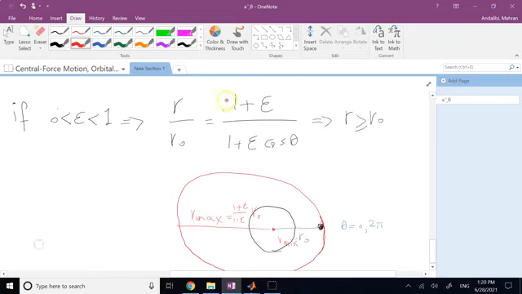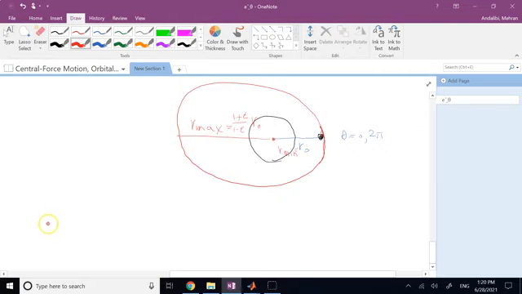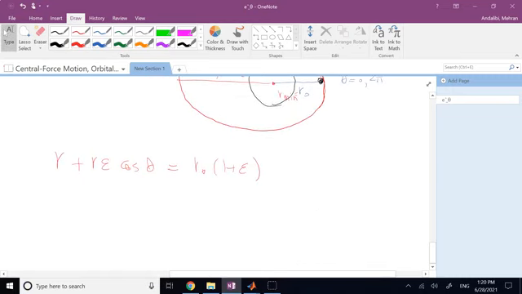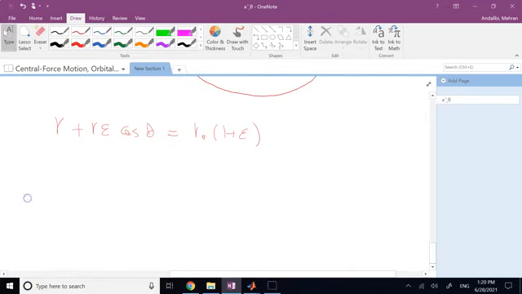All you need is to cross multiply both sides. You will get r plus r epsilon cosine theta is equal to r naught times 1 plus epsilon. Correct? And now can I show that this is the equation of an ellipse? I assume so. For r, you plug in square root of x squared plus y squared.